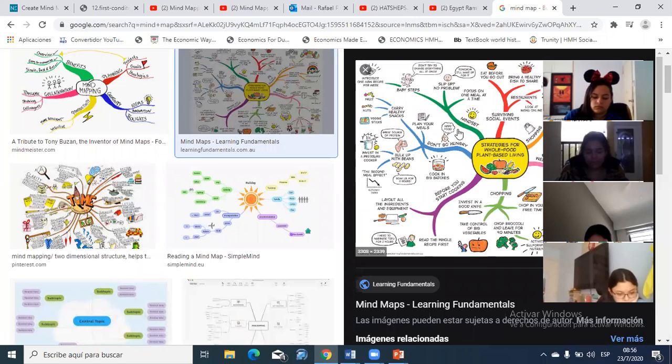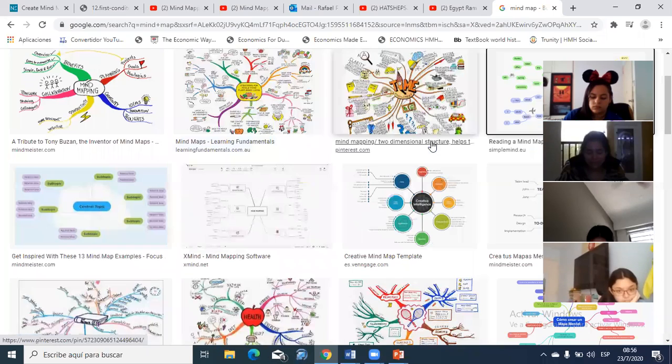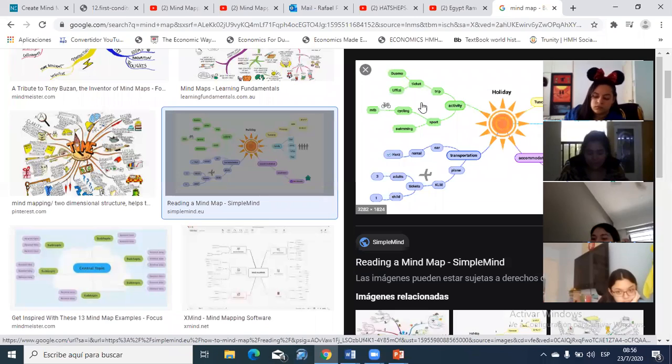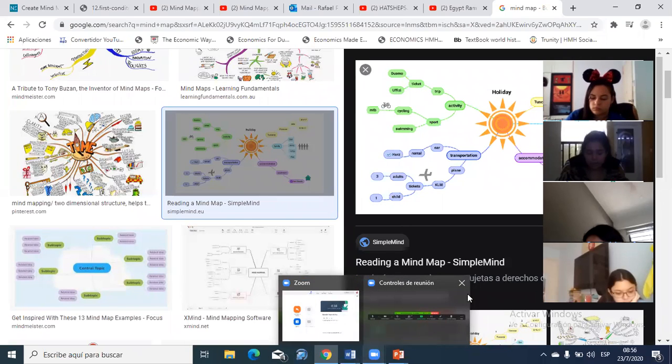It could be something like this. But try to put some images that represent the same topic that we're talking about, right? So it's only creativity, guys. It's basically creativity.